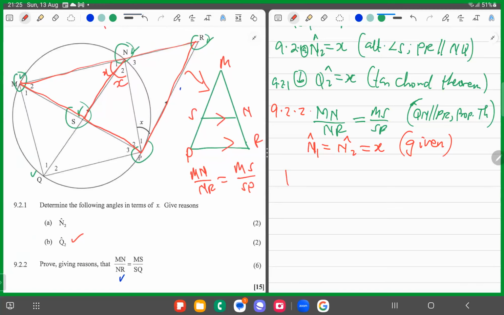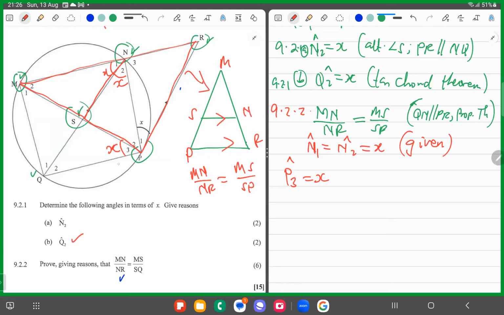Angle P3 is equal to x. Why is angle P3 equal to x?